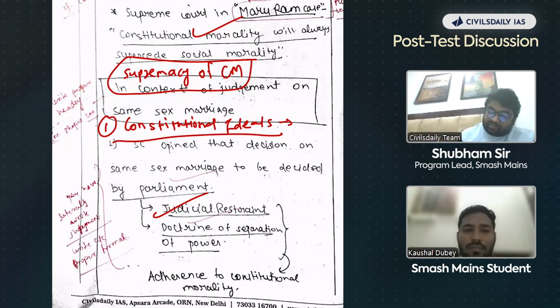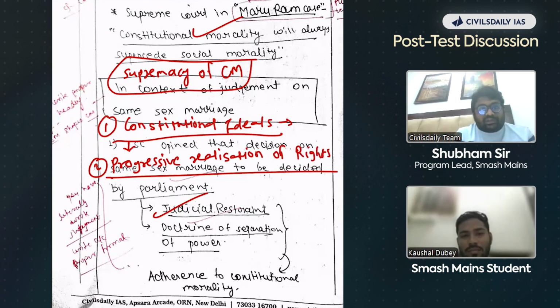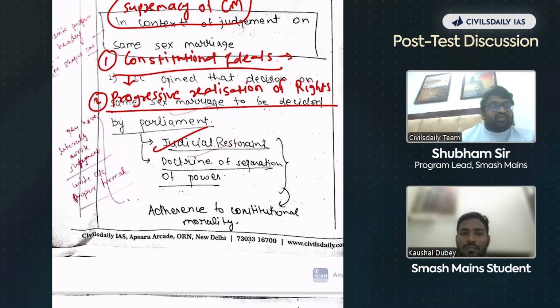Then, constitutional ideals के बाद, second, progressive realization of rights. Okay, example, what you can put? Right to privacy under Article 21. Okay. So from constitutional ideals, there is progressive realization of rights.